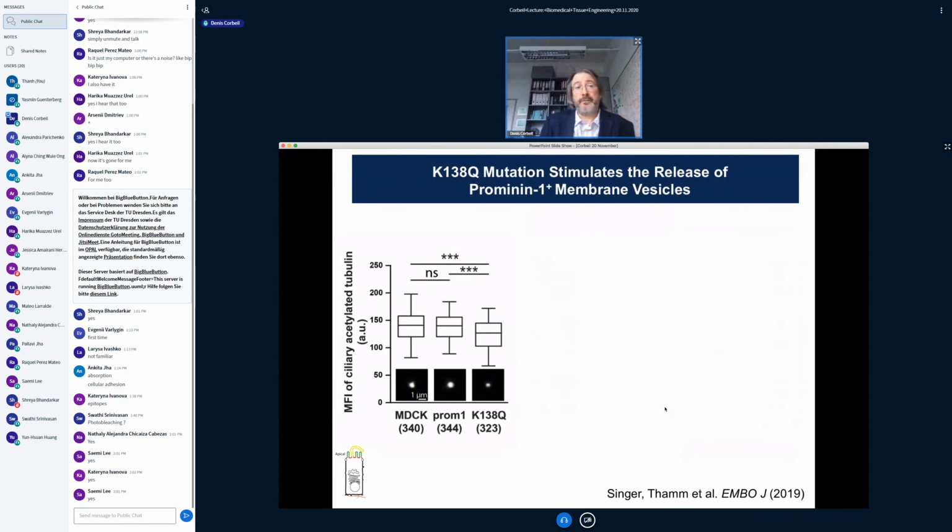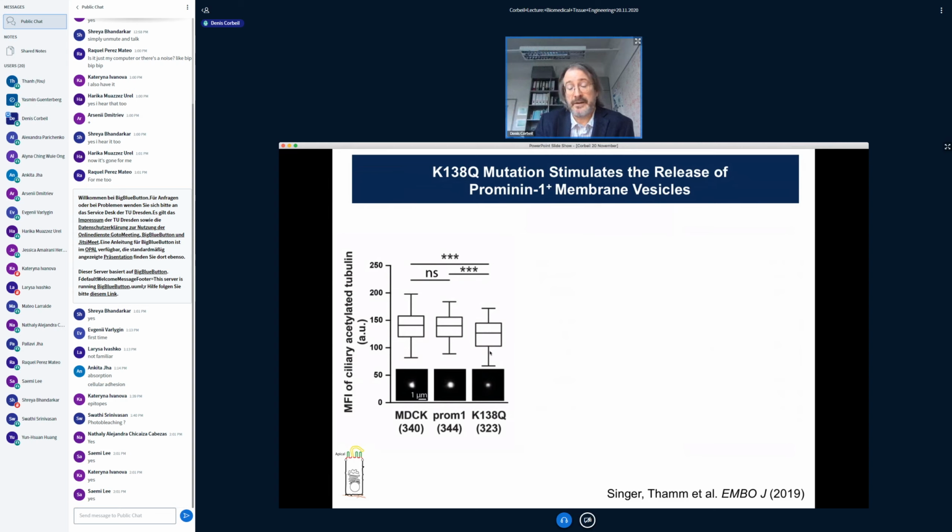So what happened? Here you have a staining with the acetylated tubulin. Normal situation, overexpression of prominin, you seem to have more acetylated tubulin coming. But now with the mutant, the acetylated tubulin is going down, which means that the enzyme, which is binding to prominin, will not bind any longer, will be free, and will remove the acetylated group of tubulin, and then you will have the cilium coming down.